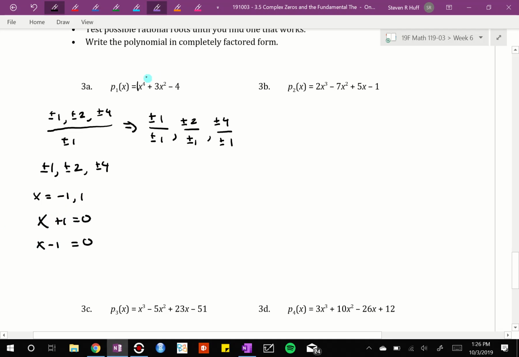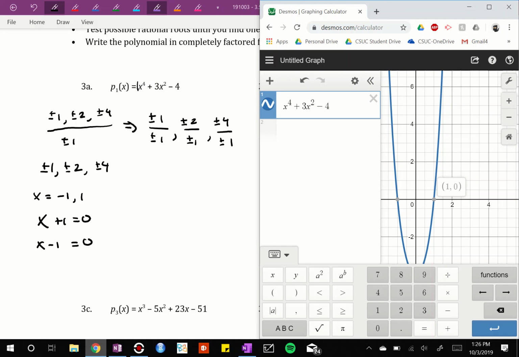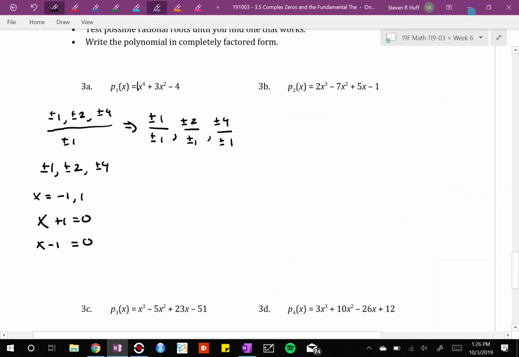Notice that this is a degree 4, so we should expect to see 4 roots, whether that be a combination of real and complex, or whether they all be real. From what it looked like on the graph, we only have 2 roots that cross. They don't bounce at all, and so that would suggest that there might be some complex roots that are going to show up. Until we start dividing, we won't be able to know that.